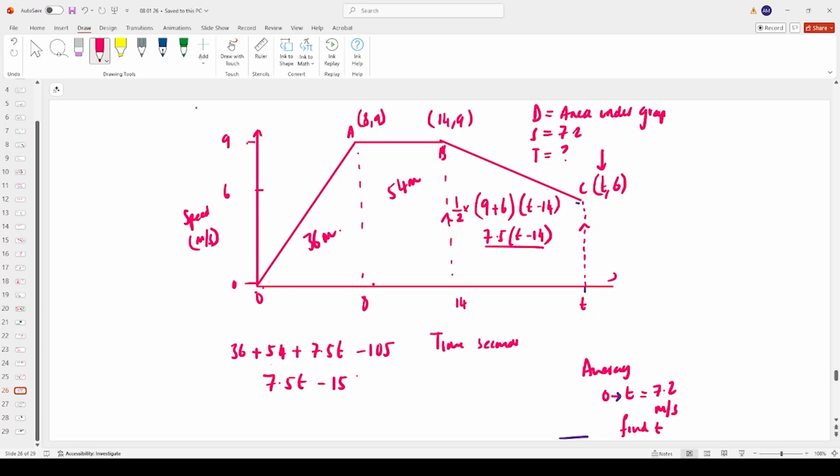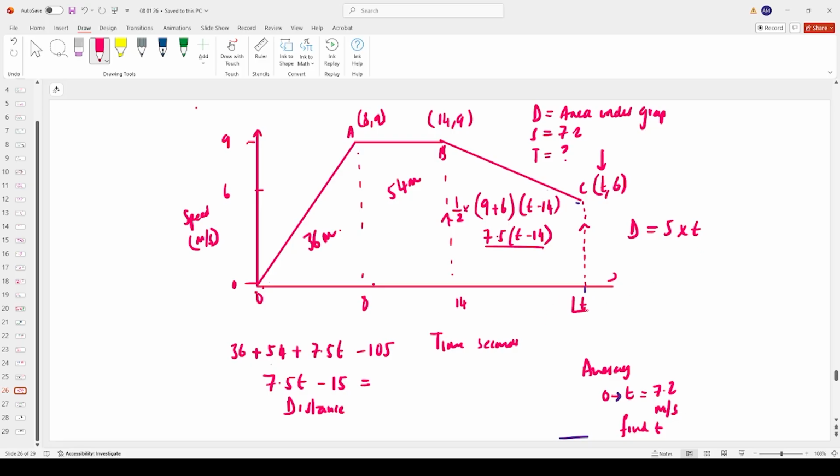Okay, that's done. So now, if that's the distance, if we look here, they told us that the average speed is 7.2. So how do you work out distance using speed? Distance equals speed times time, right?